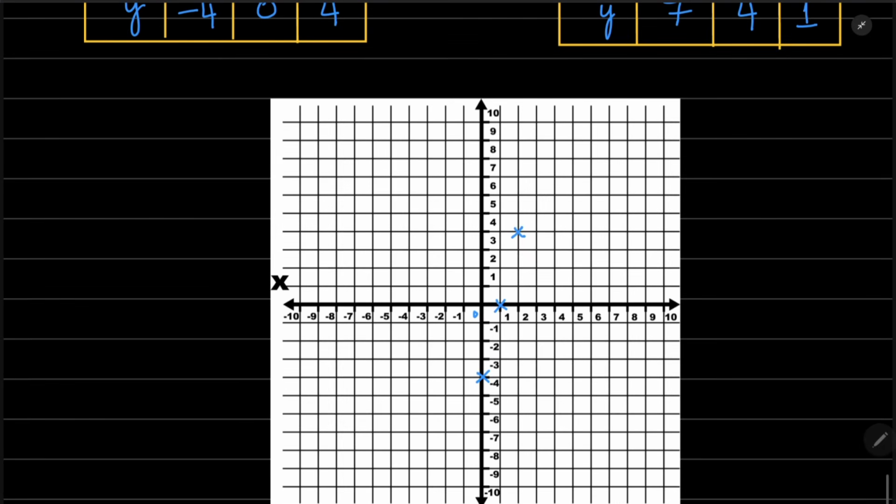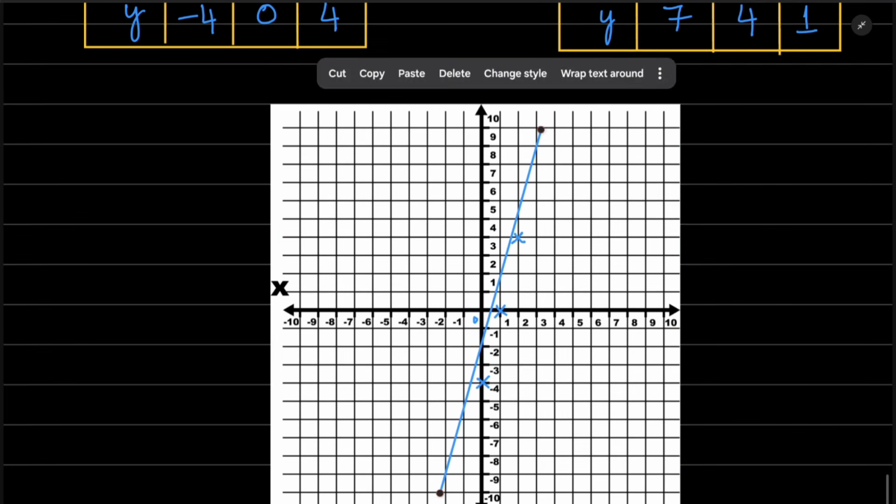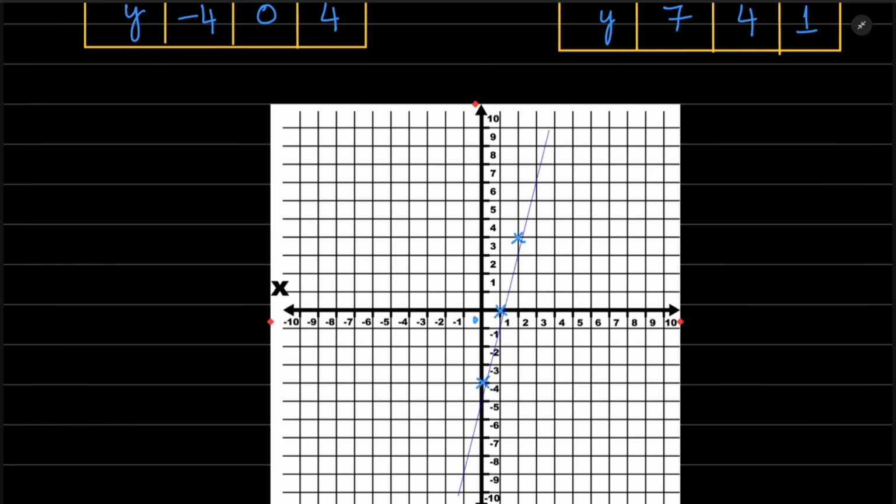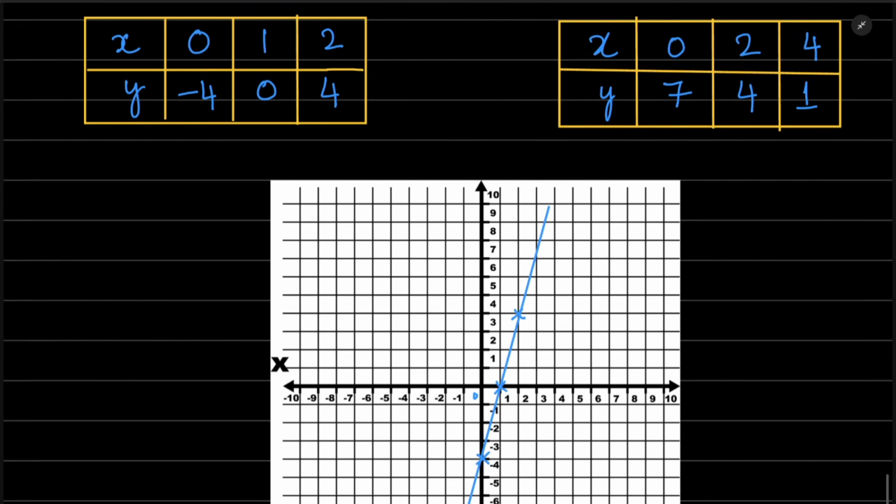And let me draw a line passing through all of these points. You can draw it with the scale.